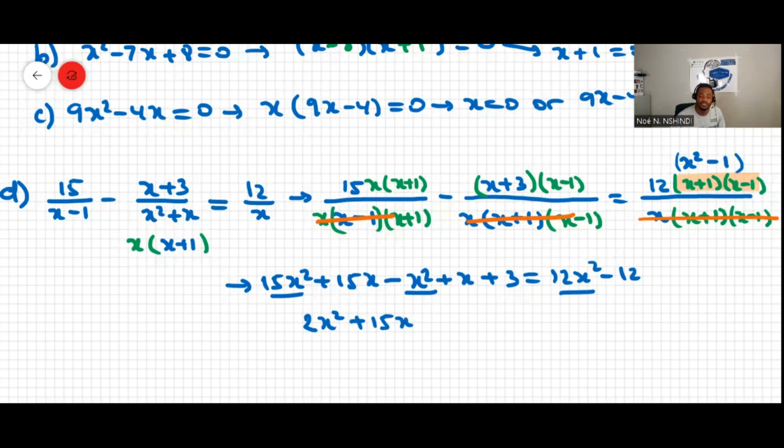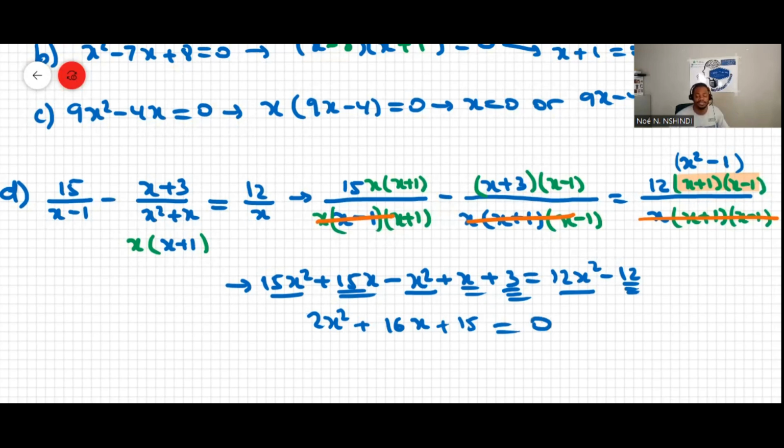And if I move the 12 over, it's going to be plus 15. Hold on a second. Let's underline. This will make 2x squared, and then this and that makes 16x, and then 15 equals 0.